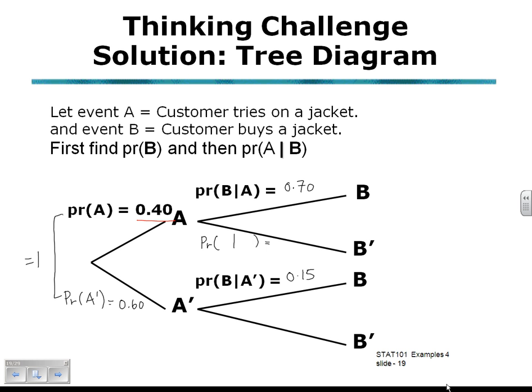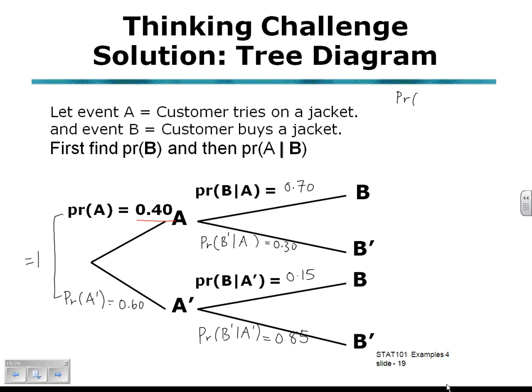Similarly, for each other pair of branches on our tree, probability of B given A is 0.7, so probability B complement given A must be 1 minus 0.7, or 0.3. Looking at the last set of branches, probability of B given A dash is 0.15. These two probabilities must add up to 1. So probability of B complement given A complement is 0.85.